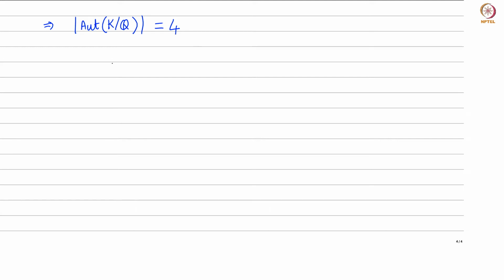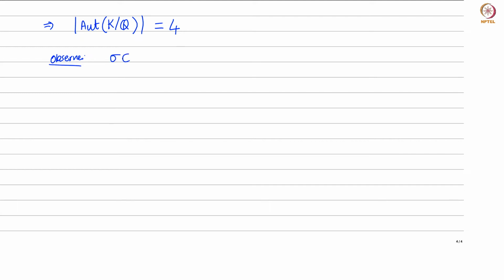So let's try and find some elements in this group, just like what we did in the earlier case. So recall, how do I find elements of this Galois group? Observe the following fact. Any element in this automorphism group, the Galois group, is uniquely determined once I know what it does to the two generators, square root 5 and square root 7.